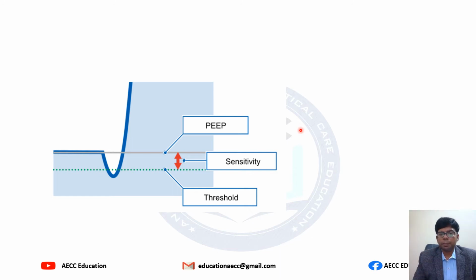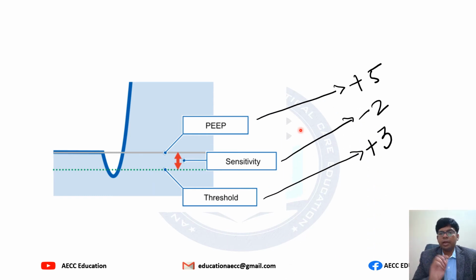If we set a PEEP of plus 5 centimeter of water and the trigger sensitivity is set at minus 2 centimeter of water, the ventilator is triggered if the actual airway pressure drops to or below 3 centimeter of water. The smaller the value of sensitivity, the more sensitive the trigger, and vice versa.